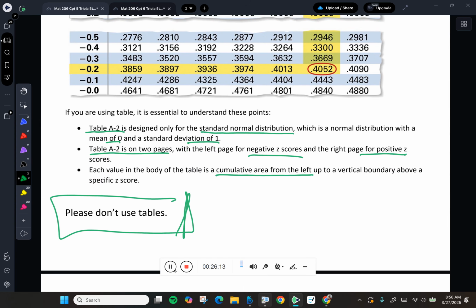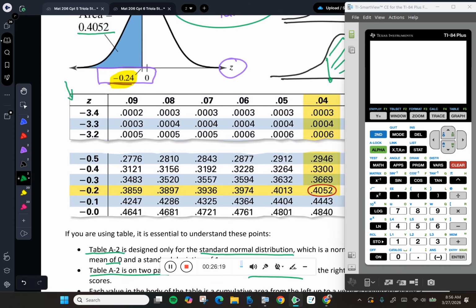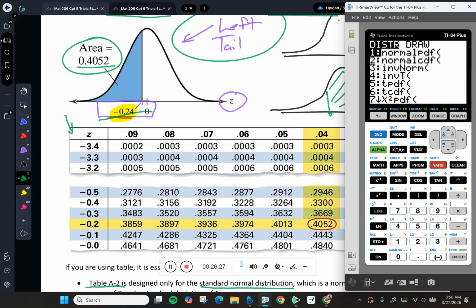And let me show you what I mean. I'm going to bring up my calculator and calculate that problem we were just looking at. If I want to find this area for this z-score, I'm going to go to my distribution menu and go to my normal CDF, my normal cumulative distribution function. Here's the one thing where we have to kind of muck around with it.